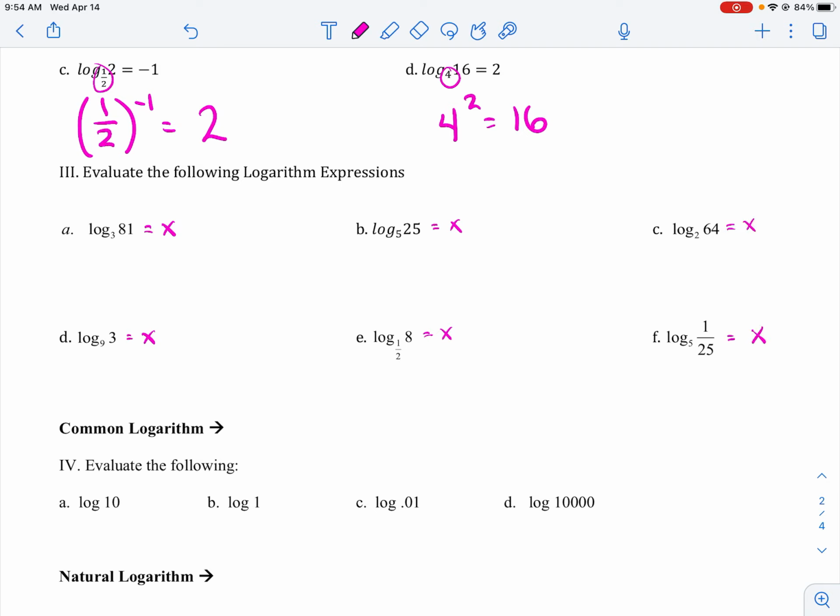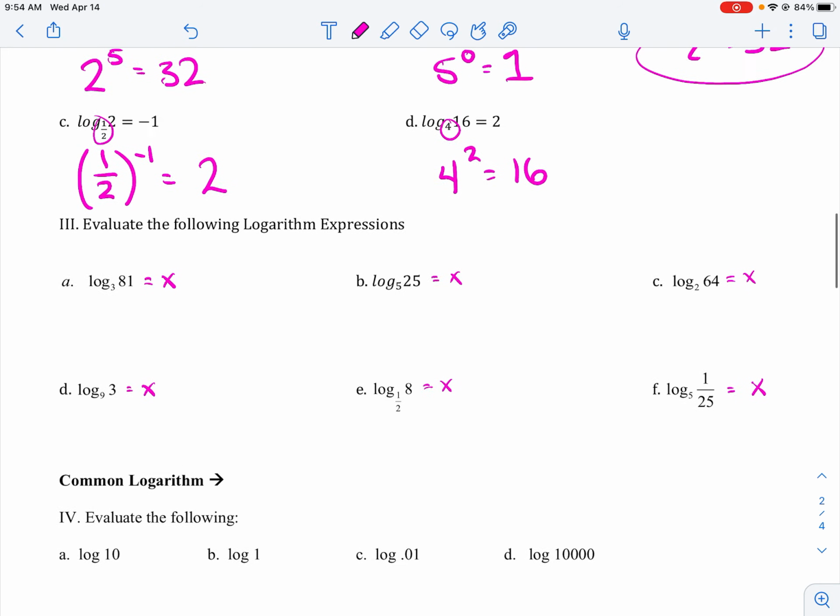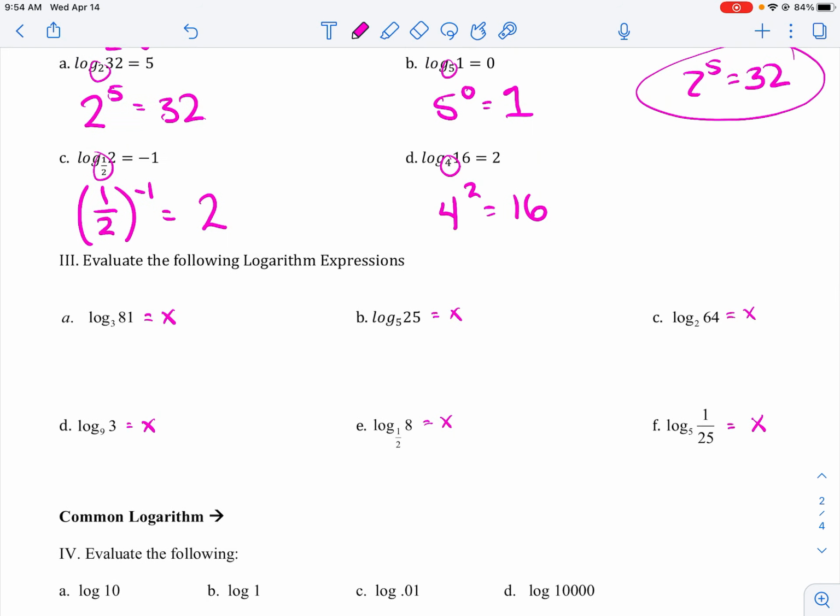And so doing what we just did up above, I'm going to put these back into exponential form here. So what I'm going to say is 3, switch the x and the 81, so 3 to the x power is equal to 81.